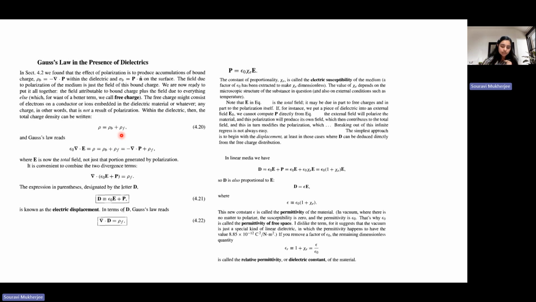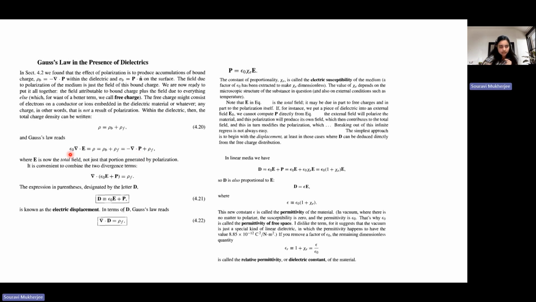That induced, or bound, charge density will be given as rho b. So the net rho is given as rho b plus rho f, and accordingly one can modify Gauss's law. And what we saw is that for a dielectric, you can consider a net polarization capital P.